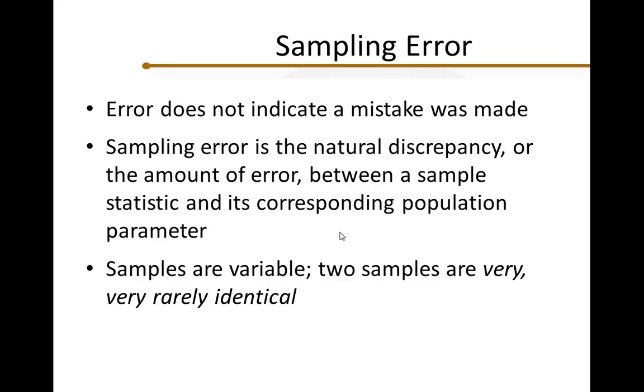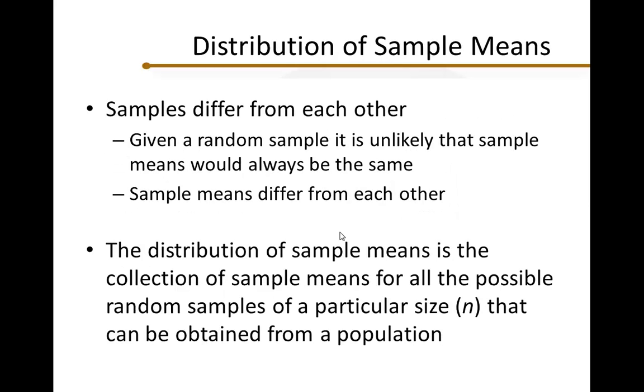There's going to be this natural discrepancy or this natural amount of error. And that's what the sampling error concept is basically saying. Samples are variable. Two samples are very, very rarely identical, but we can account for some of that error. Okay. All right, so with that concept, in a distribution of sample means, the samples are going to differ from each other.